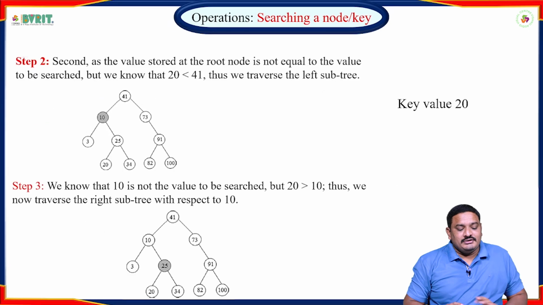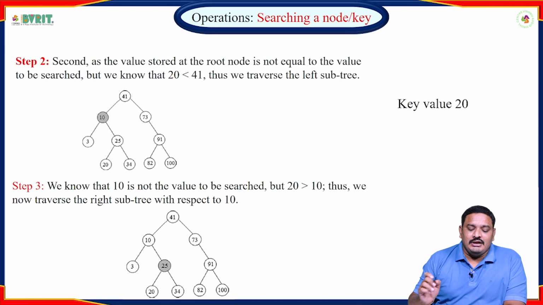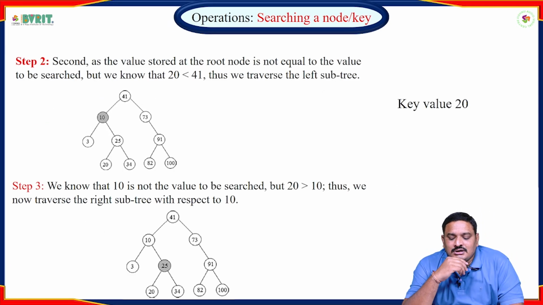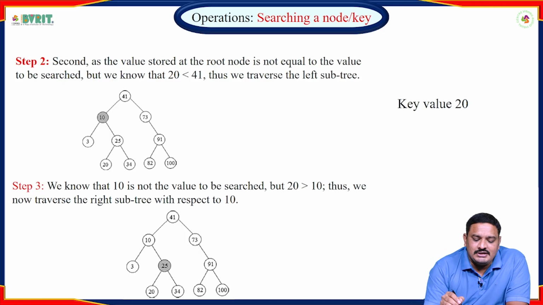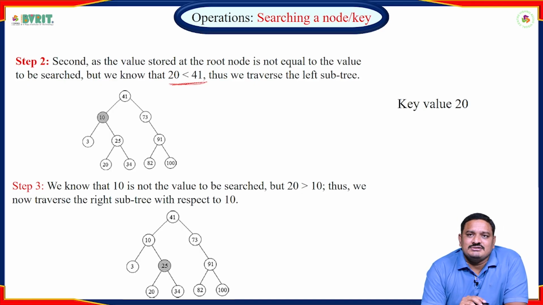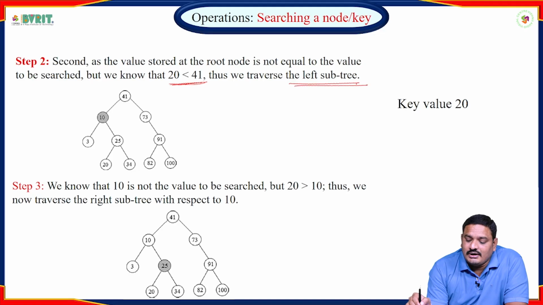The value stored at the root node is not equal to the value to be searched. That means 20 is less than 41, so you traverse the left subtree.